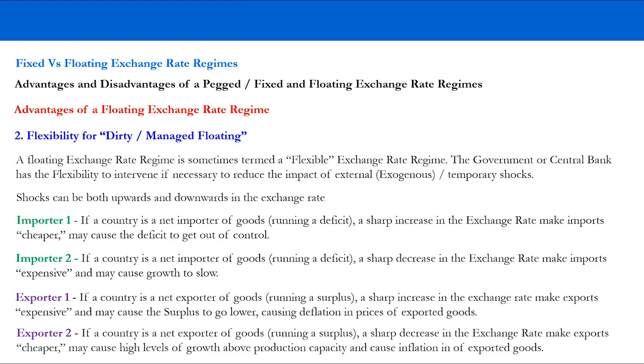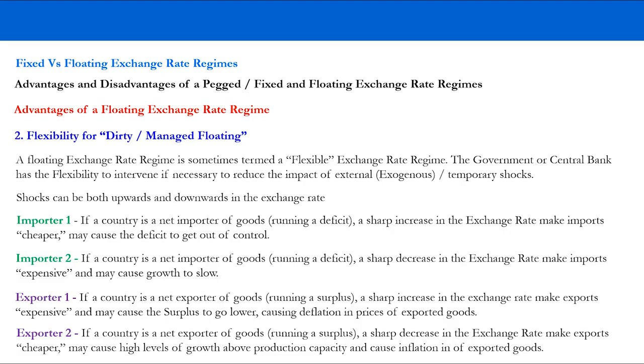Obviously, that's not good for exporters. If you're an exporter running a surplus and you get a decrease in the exchange rate, this can make exports cheaper and can cause much higher levels of growth above your production capacity as a nation. And this can cause inflation in your exported goods.